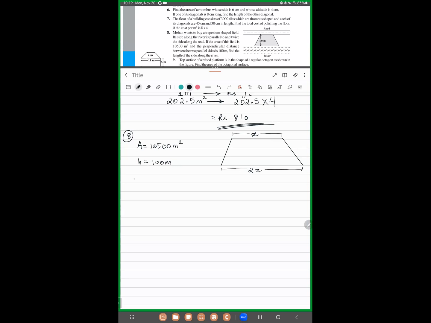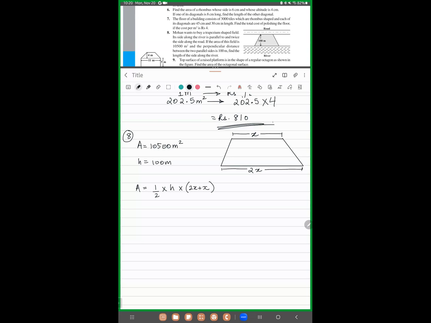So we know that area is half into height into the sum of parallel sides. The parallel sides are 2x and x, right?